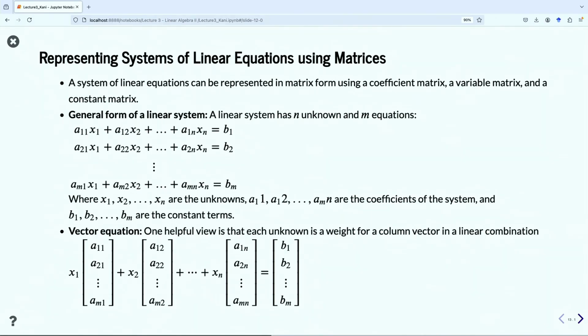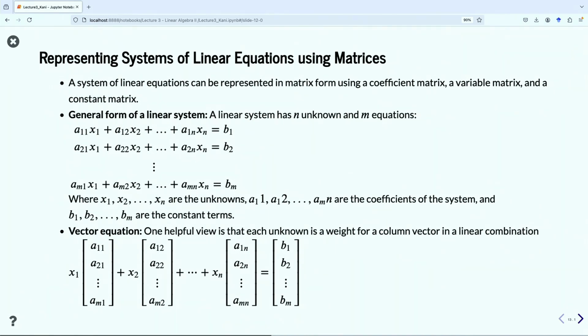That's how I'm sure all of us learned how to solve them when we first learned of linear equations, and that works great if there are only like three or four variables. If there are 1,000 variables, that won't be great. That won't be great to sit there and try to figure out, right?